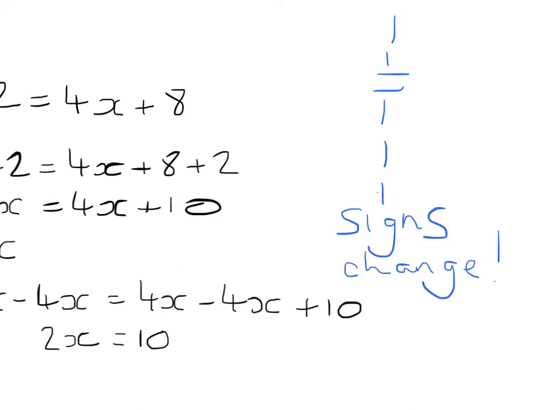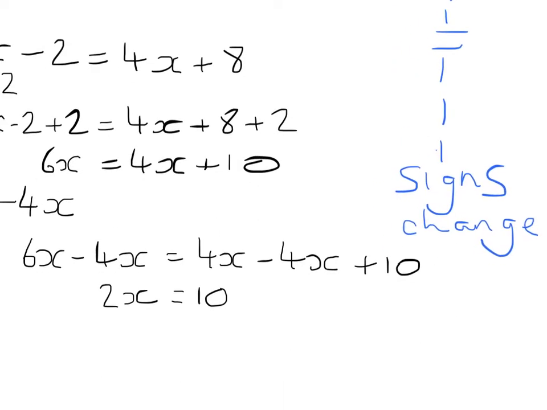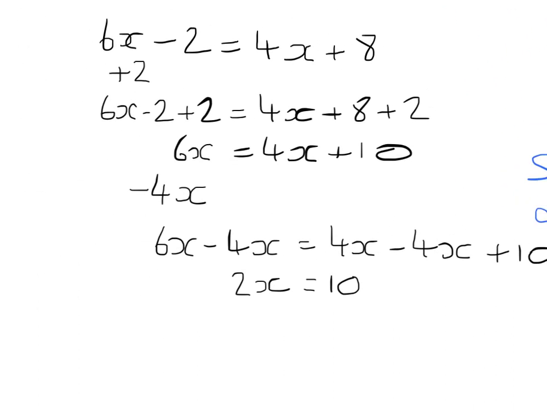So I pick up 4x from this side up here, and I take it over the equals, and bang, it goes through the force field, so it has to change signs, which is what has happened here.